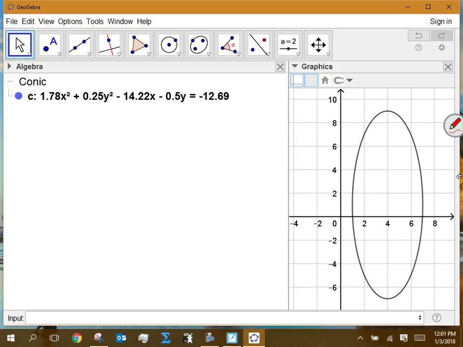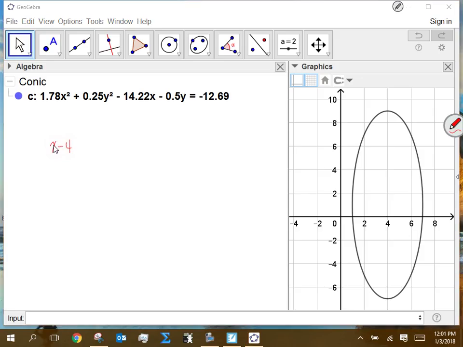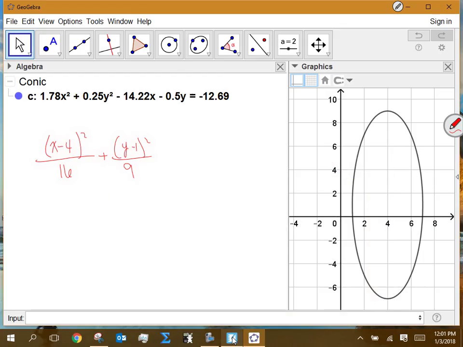And it will transform that into essentially x minus 4, that quantity squared, over 16, and then plus y minus 1 squared over 9. I think that's what we had originally. Let's go back. 9 and 64, sorry.